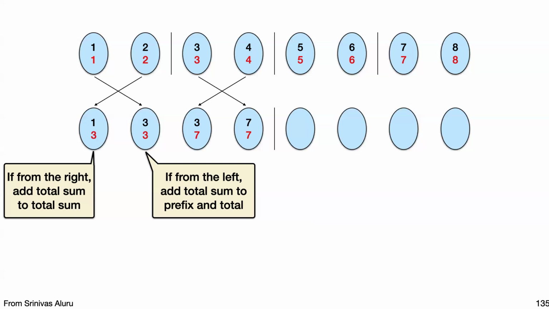And so we're going to do that in each pair. This is the prefix of these two processors, 3 and 7, and the total sum is 7 and 7. And so each of these gets paired in the beginning. This is 2. And now the prefix is localized into each of these pairs, and the total sum is also localized into the pairs.